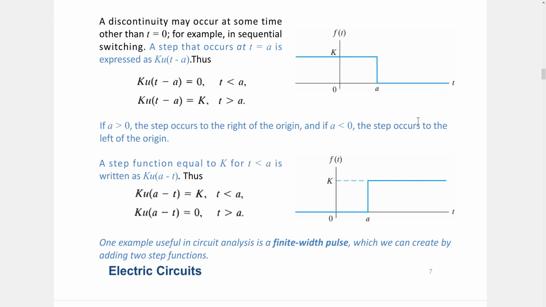We can write a pulse with a finite non-zero duration using the addition or subtraction of the basic step functions as well. So it's very handy in more complicated situations or signals, because you can divide and conquer the problem using the basic step function.